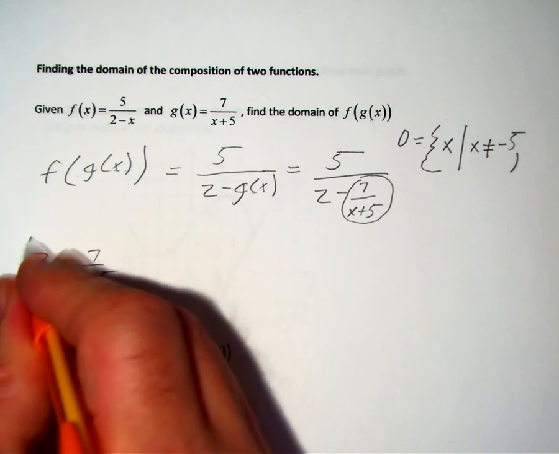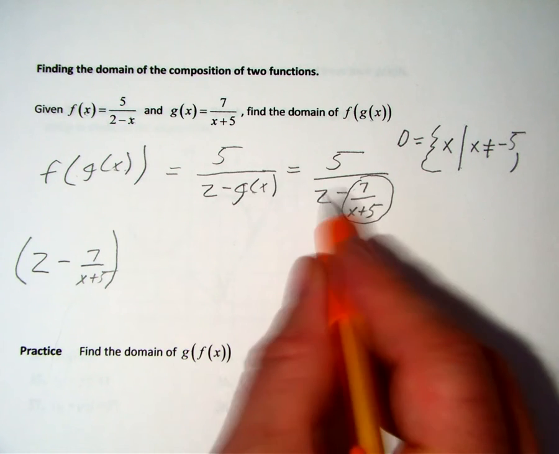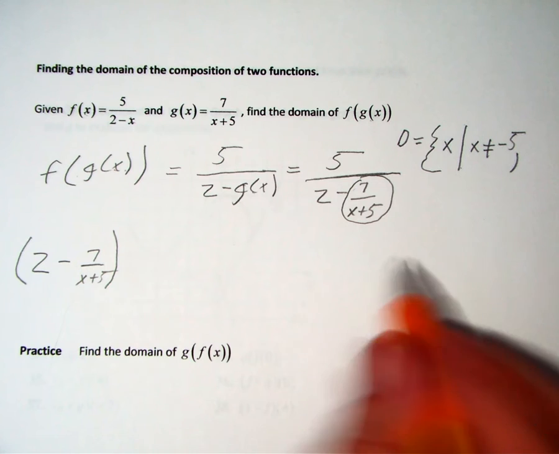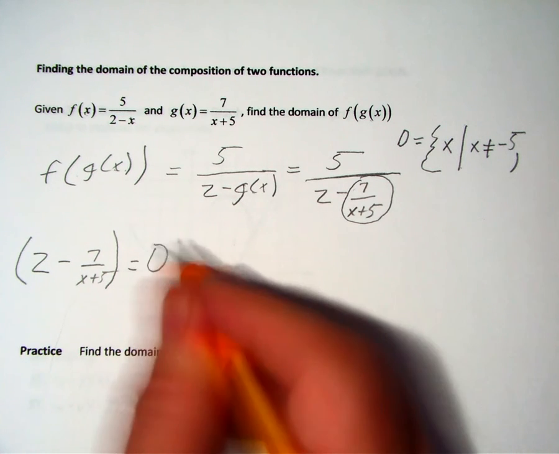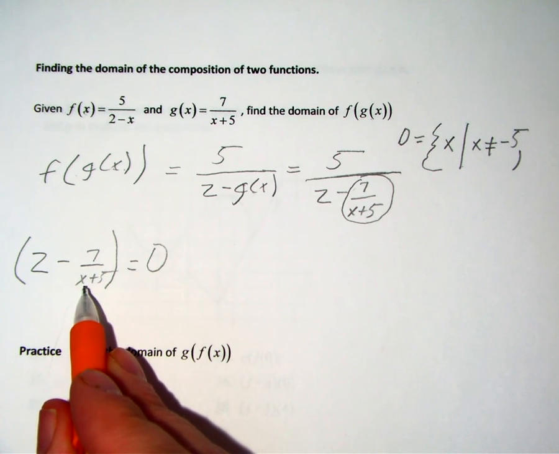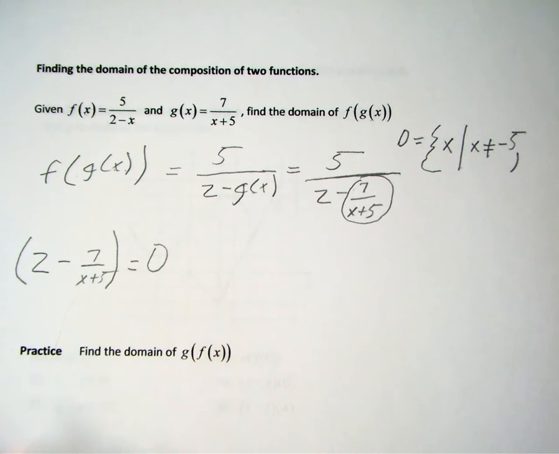Now, let me envelop that in parentheses. That is a denominator in its own right. This whole big chunk underneath this line here is a denominator, right? So what am I going to do? I'm going to set this equal to 0. The solution to this will be the other value of x that we have to exclude from the domain of the composition. Okay?